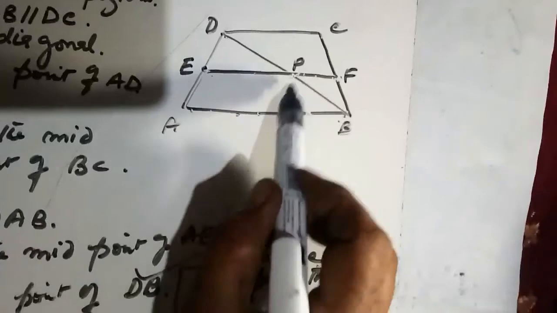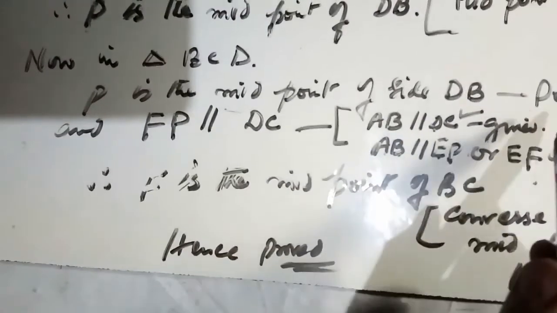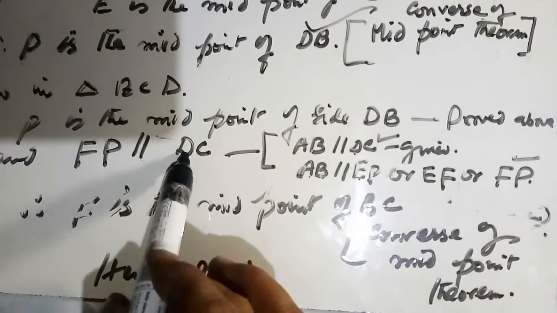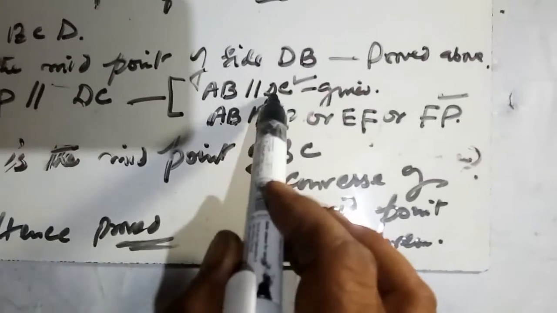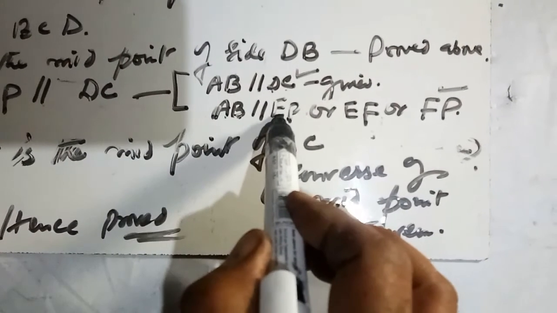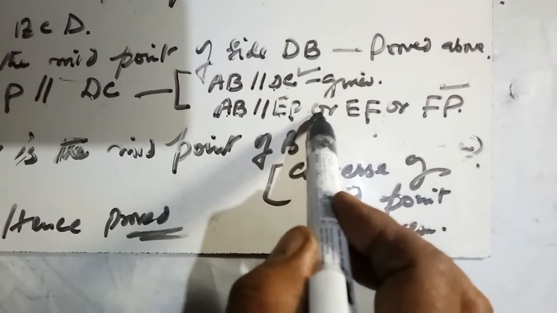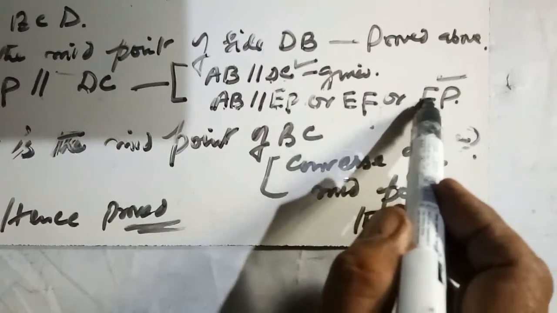Here P is the midpoint on this side, it is proved above. And FP is parallel to DC, because AB is parallel to DC, it is given, and AB is parallel to EP, another part of this line EF, or another part of this line FP.